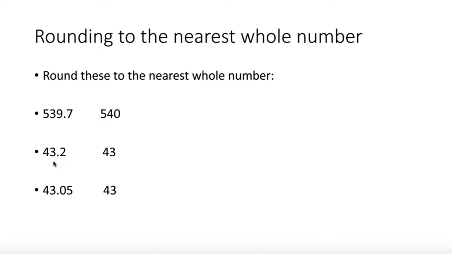The next one, we've got 43.2. The 2 is lower than 5, so we round down to 43. And then we've got 43.05, and I hope this didn't trick any of you, because there are no tenths in this. There are 5 hundredths, but there are no tenths, so we'd be rounding down still, down to 43.